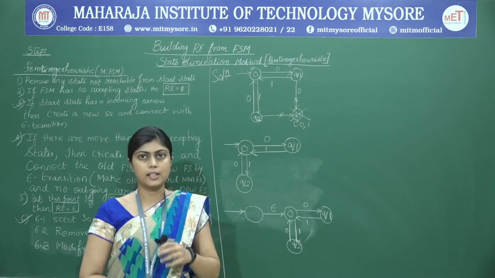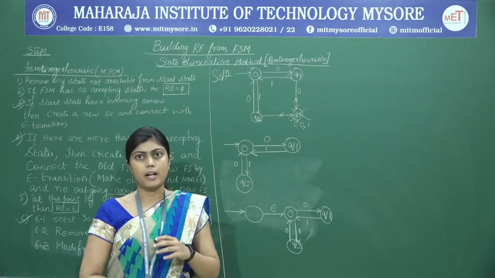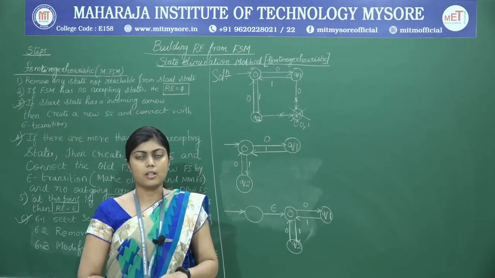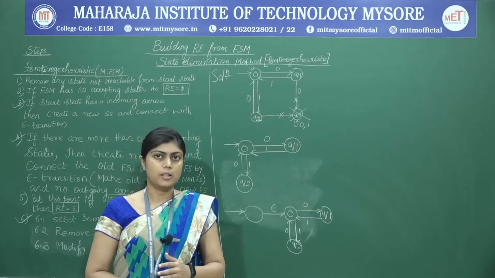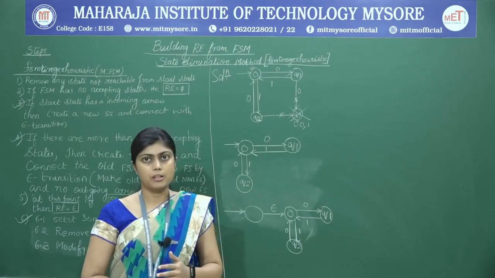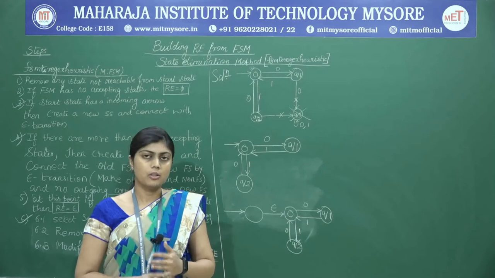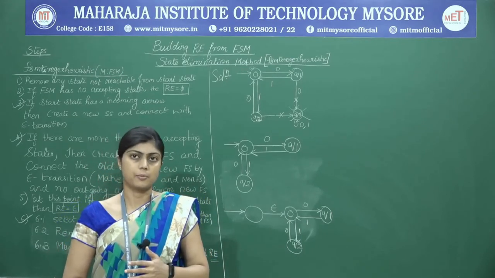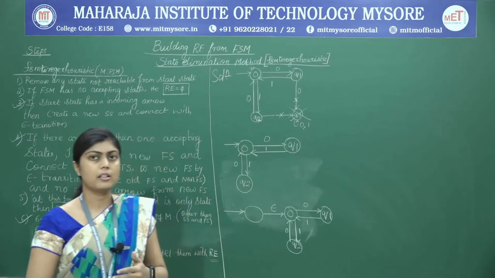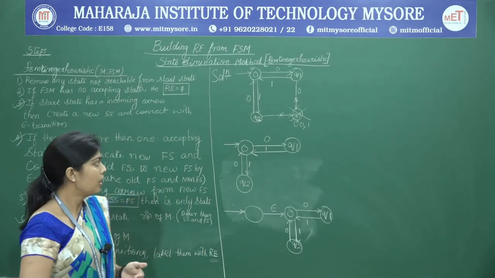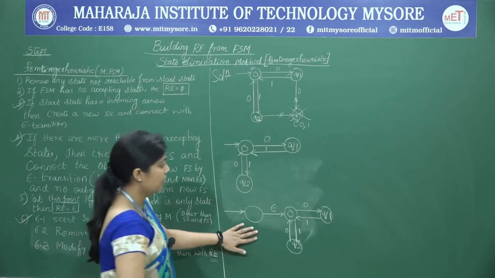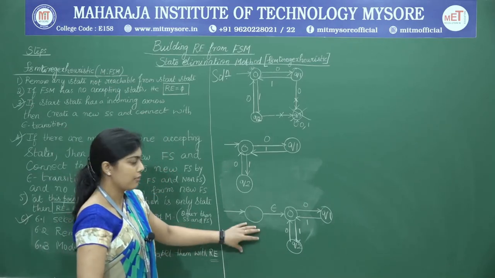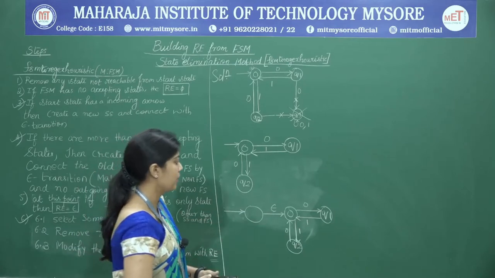The only states that remain at the end of the elimination are the start state and the final state. All the intermediate states are eliminated, but we label the transitions with equivalent regular expressions so that the meaning does not change. Now we go on selecting one state after another to eliminate.